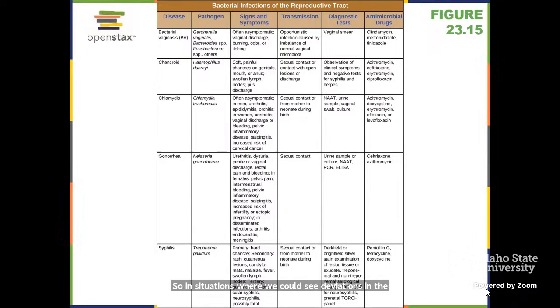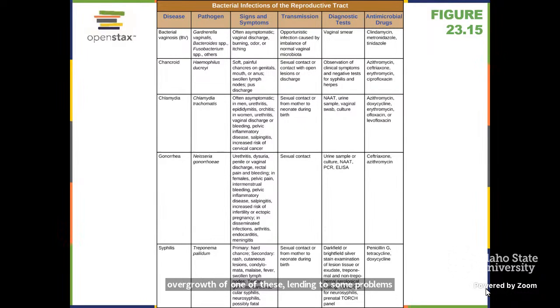So in situations where we can see deviations in the normal flora, some sort of imbalance, it might be like antibiotic therapy, and that can lend to some yeast infections that we'll hit in a second, but it can also lend to overgrowths of different bacteria. Other things that may spur this could be different shifts in hormones that may cause an imbalance, and that in turn sets the stage for an overgrowth of one of these, lending to some problems.